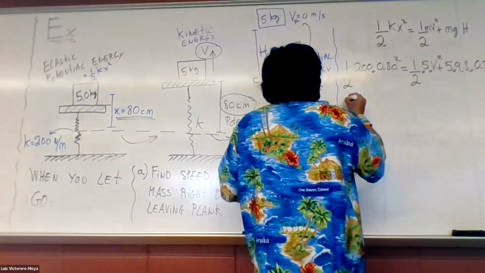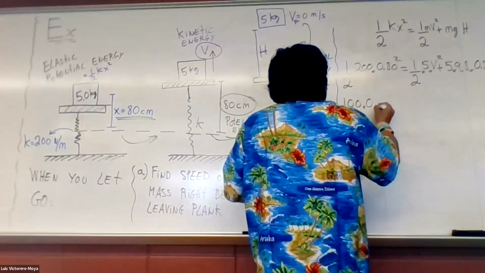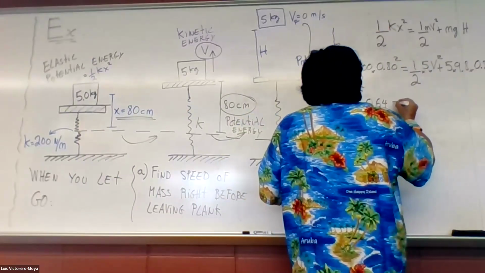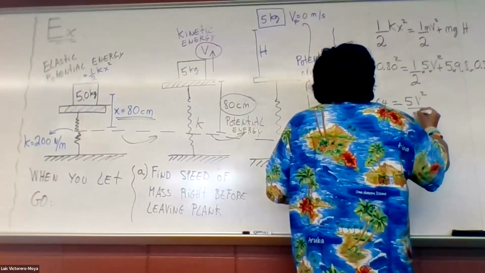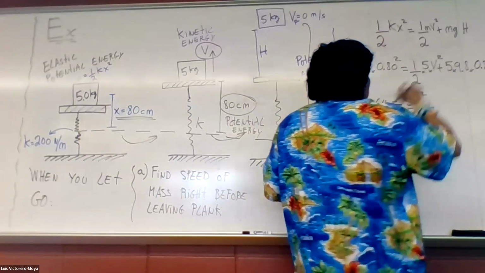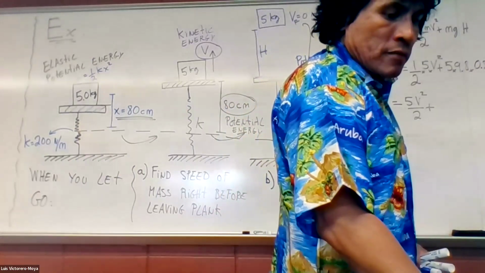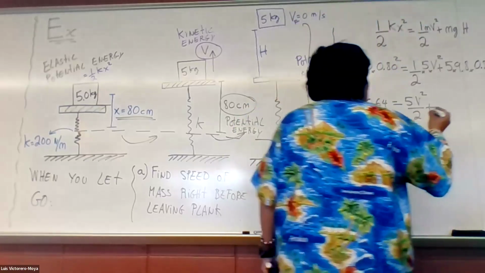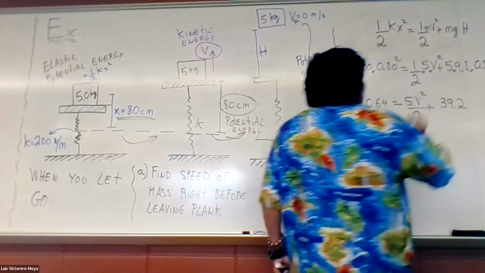So this is 100 times 0.64. That's 5v squared divided by 2 plus 5 times 9.8 times 0.80. So 5 times 9.8 times 0.80 is 39.2.